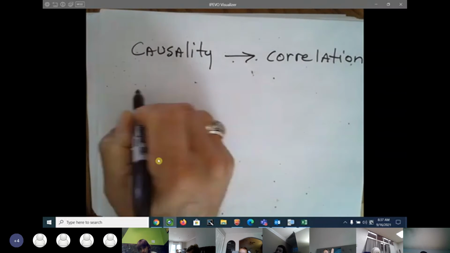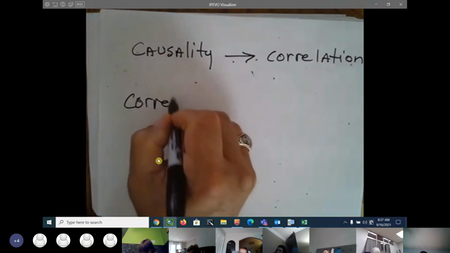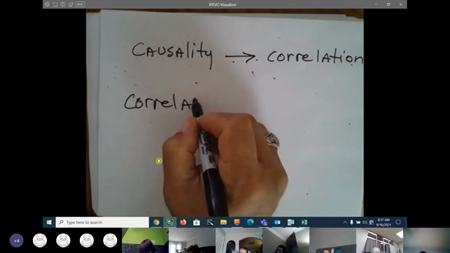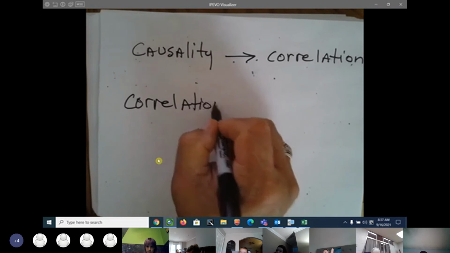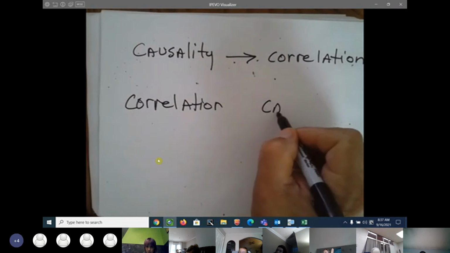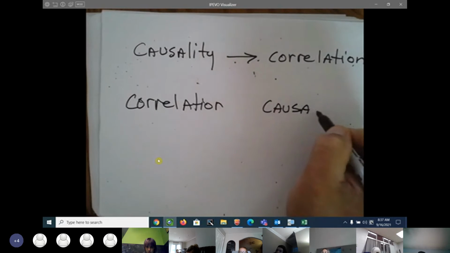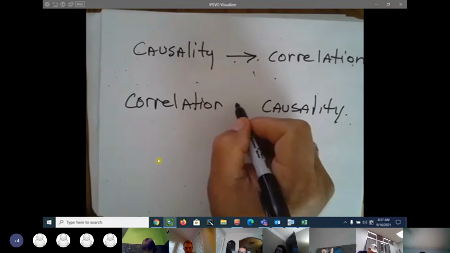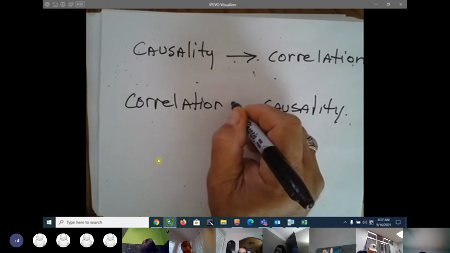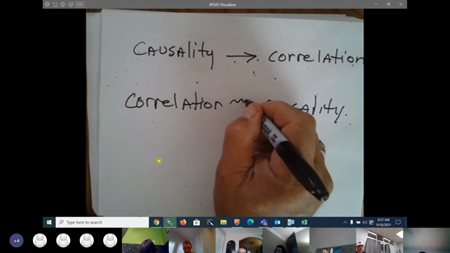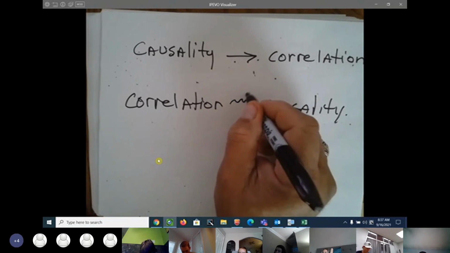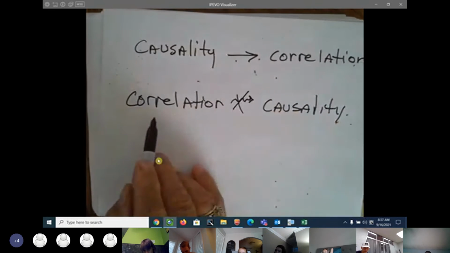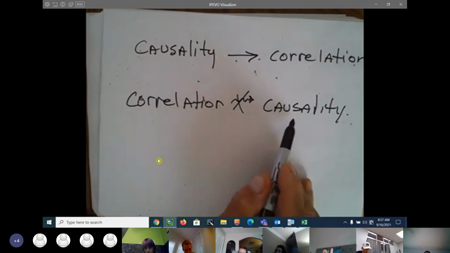But does correlation necessarily mean causality? Yes or no? No. Not necessarily. So I'm gonna kind of draw a wiggly line with an arrowhead, because not all the time does correlation mean causality.